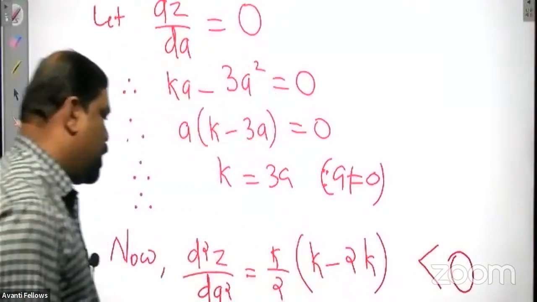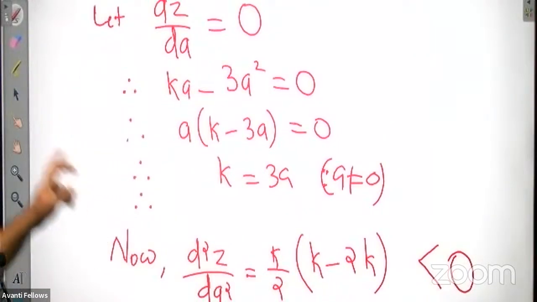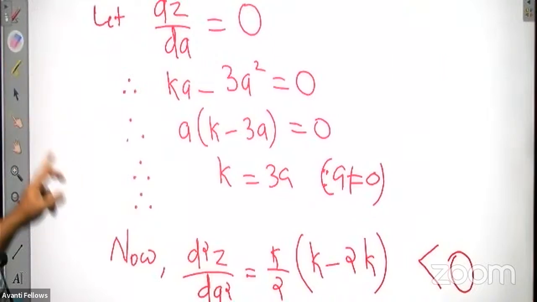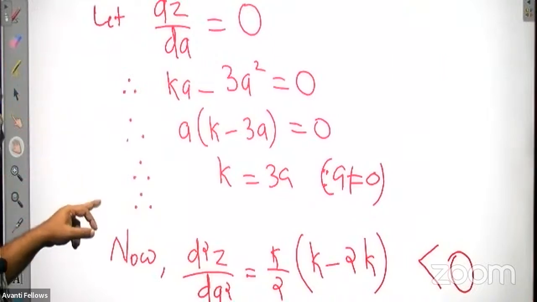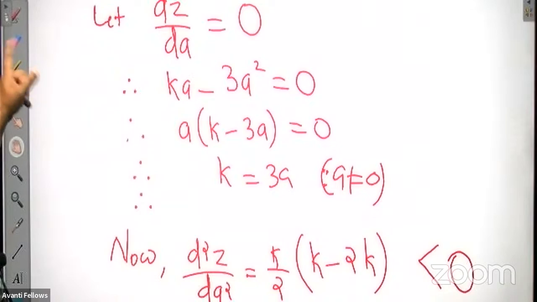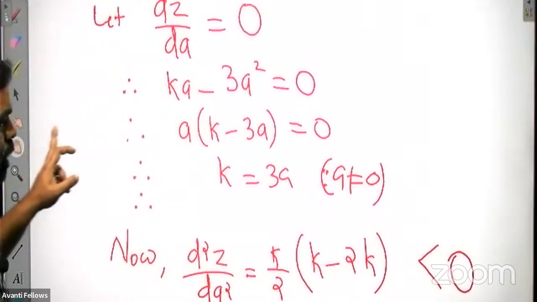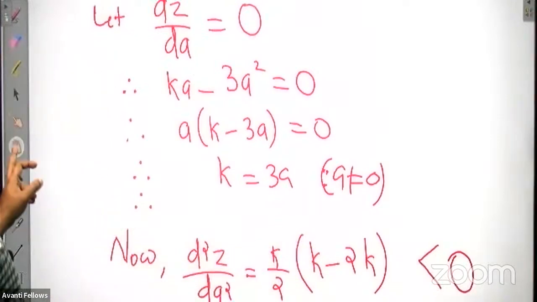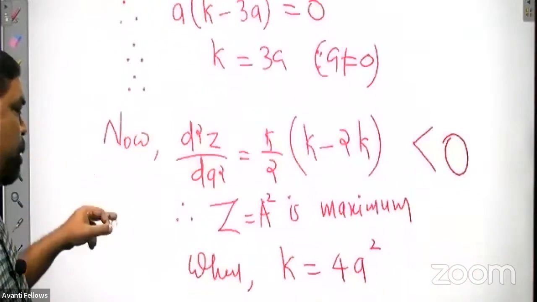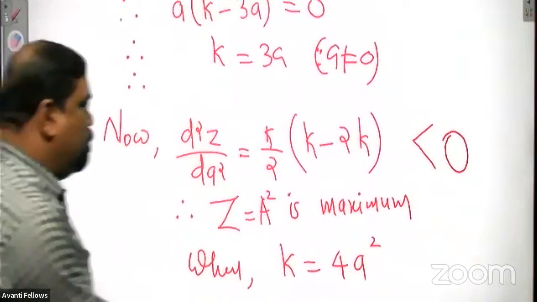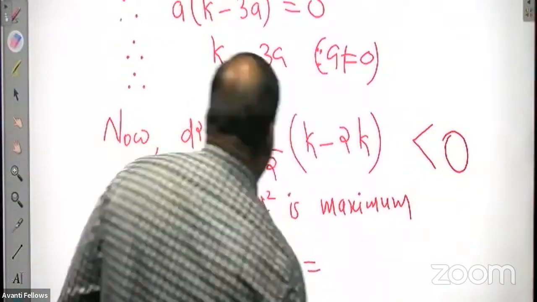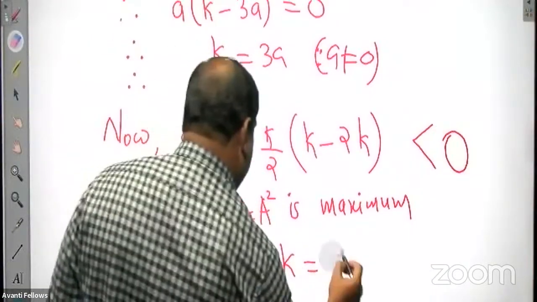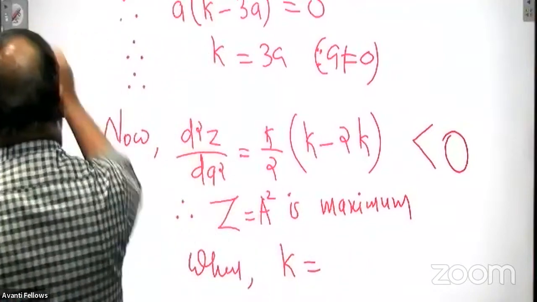So you make the correction, okay? Some mistake was there in the first derivative, so please make it corrected. Anyway, the second derivative is negative. That means the value is minimum. When it is minimum, the critical point is k is equal to 3a.